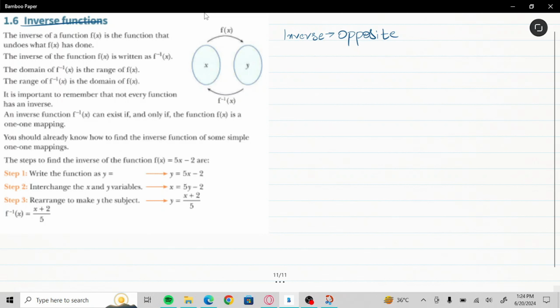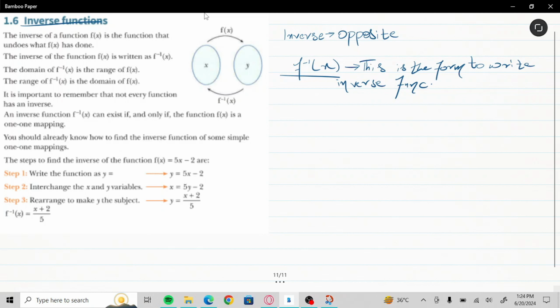Whenever you see any function in this form, there is an inverse. So this is the form to write an inverse function. Whenever you see this form, you say that this equation is an inverse function.